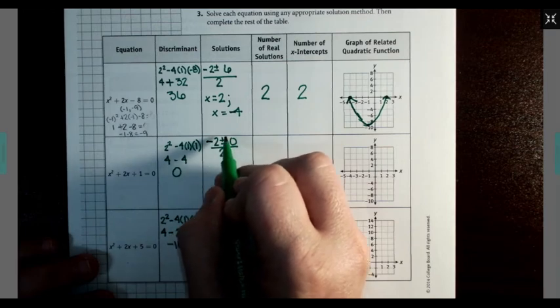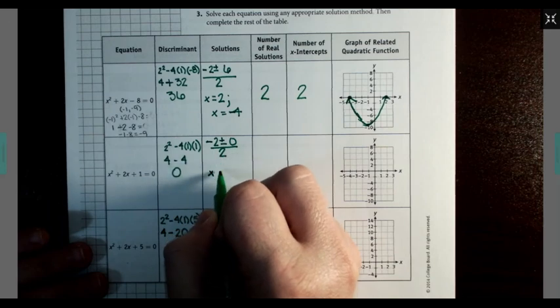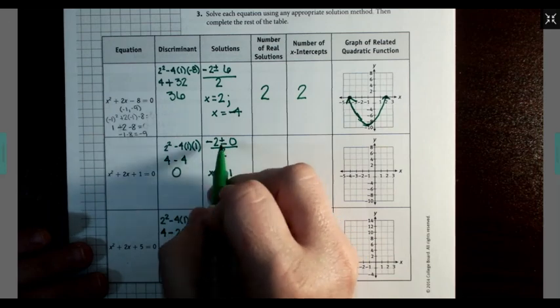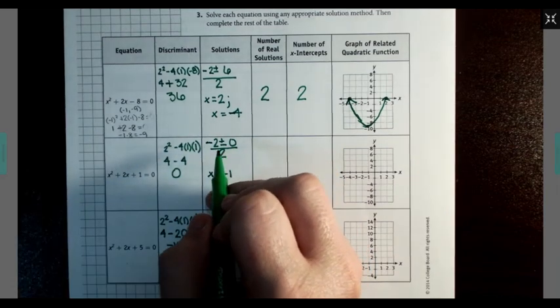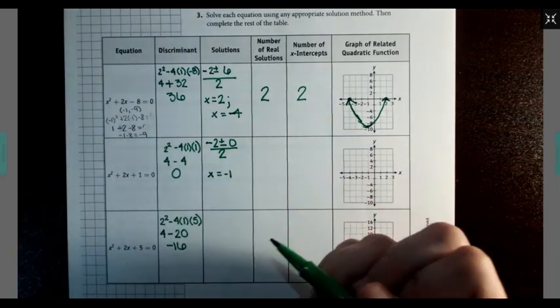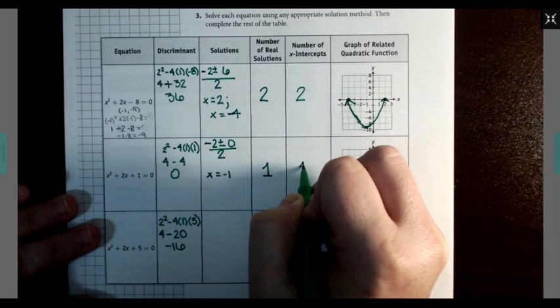Well, negative 2 plus 0 is negative 2, and negative 2 divided by 2 is negative 1. Then we would have negative 2 minus 0, which is negative 2, and negative 2 divided by 2 is negative 1. So how many real solutions do we have here? 1.